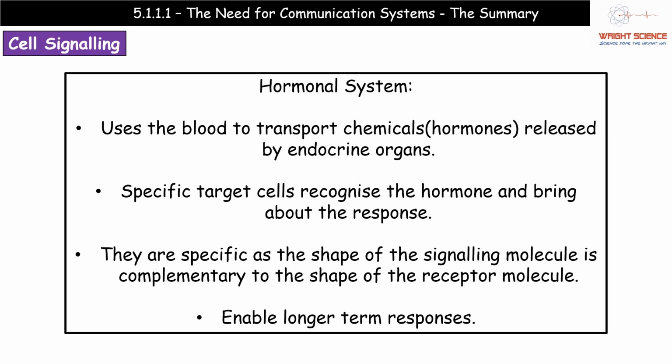The key thing about this is that those target cells have receptors that are specific to the shape of that particular hormone, and therefore not everything in the body is going to respond. Only those cells with that receptor will respond to that particular chemical. The advantage of our hormonal system is that this allows much longer term responses.